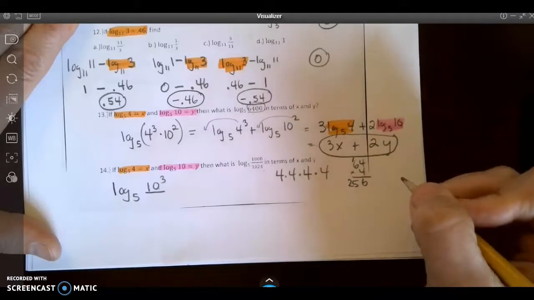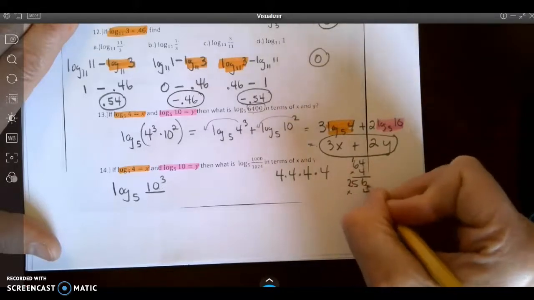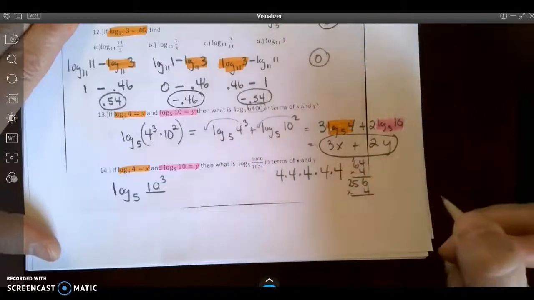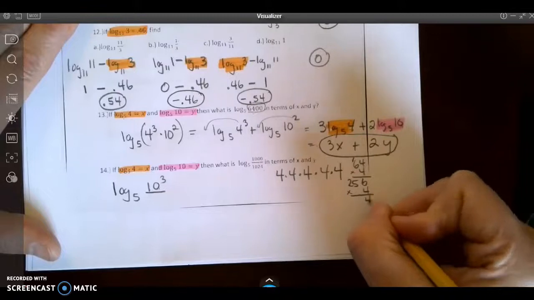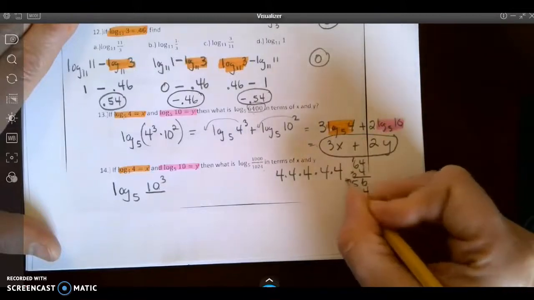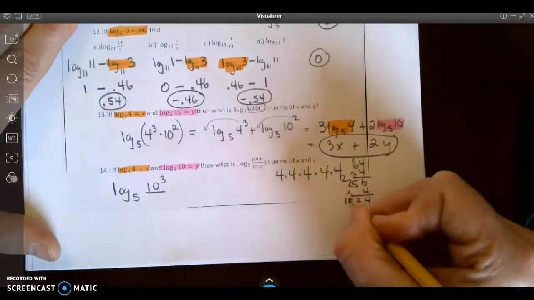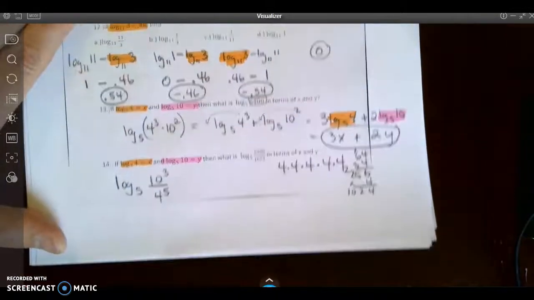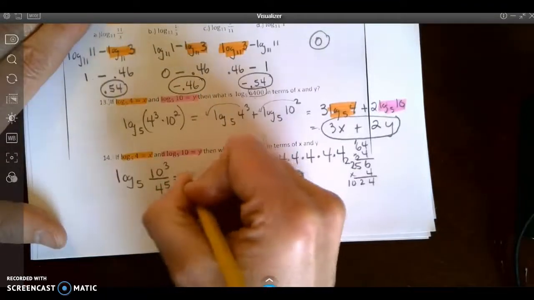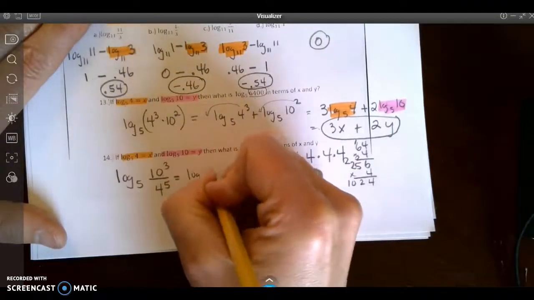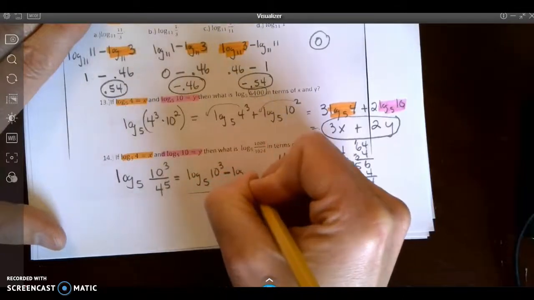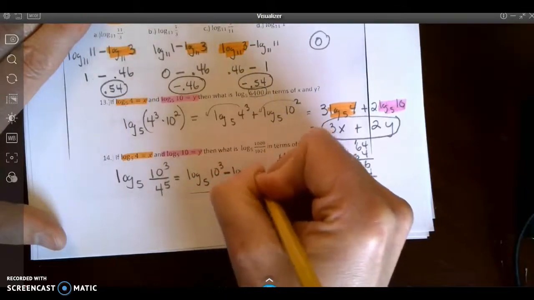Okay, it's not that. Let's multiply that by 4, see what we get. So that'd be a fifth power of 4. There you go. So it's 4 to the 5th. So now I'm going to expand it. Log base 5 of 10 cubed minus log base 5 of 4 to the 5th.